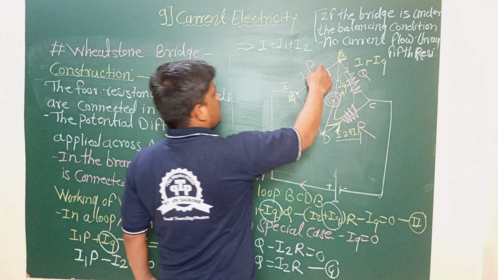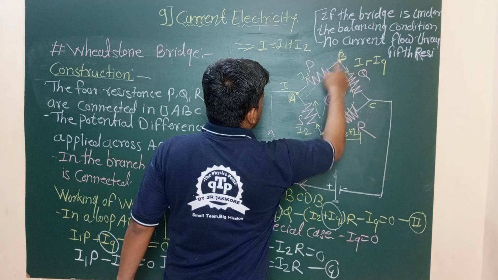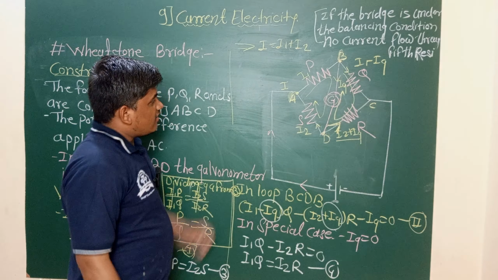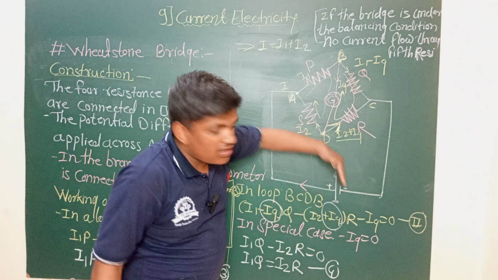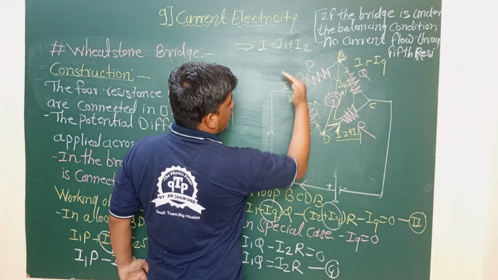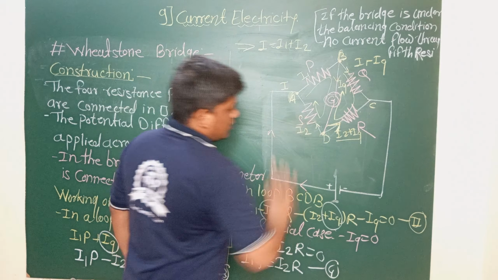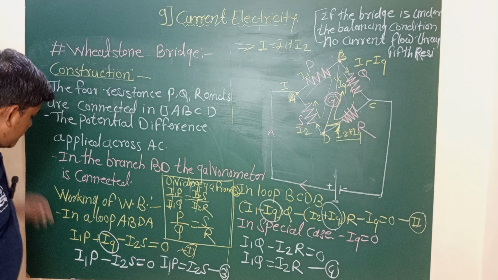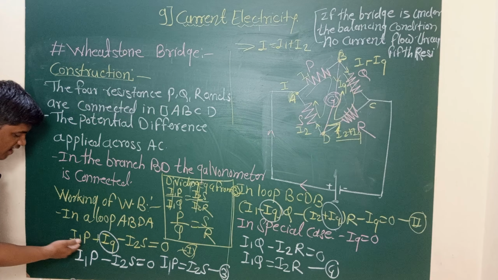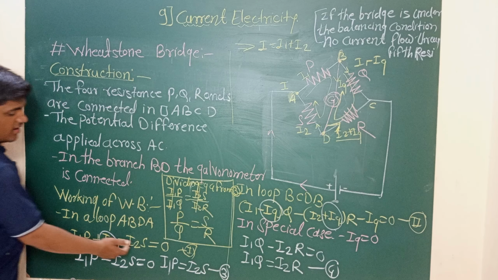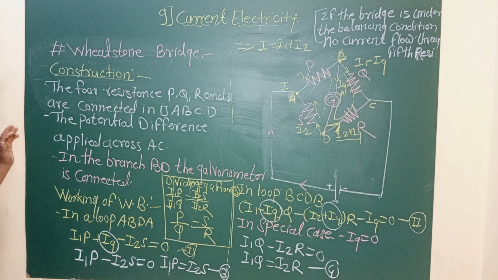Then I1P plus Ig minus I2 into S, because I2 is in the opposite direction of the loop, as the loop moves from D to A and the current flows from A to D in the resistance S. That means I1 into P plus Ig minus I2 into S must be equal to 0.